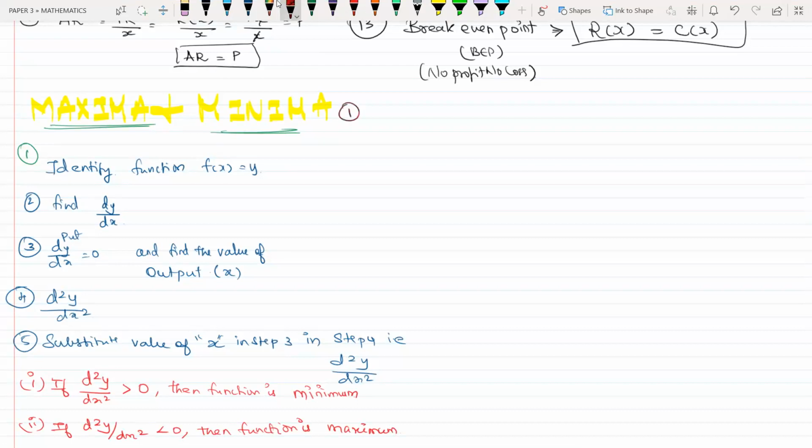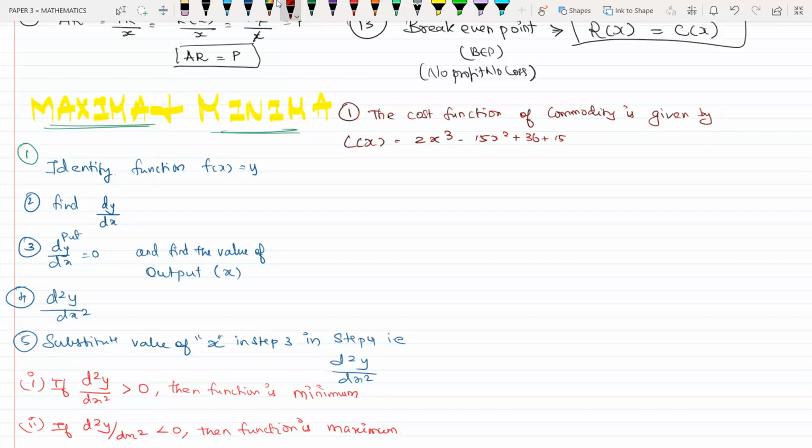First, past paper question I will write down. Copy along with me. The cost function of a commodity is given by C of x is equal to 2x cube minus 15x square plus 36x plus 15.